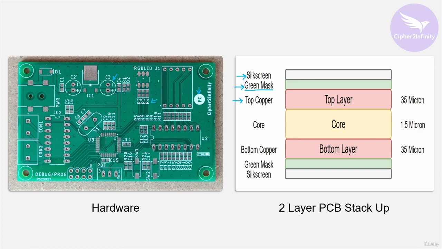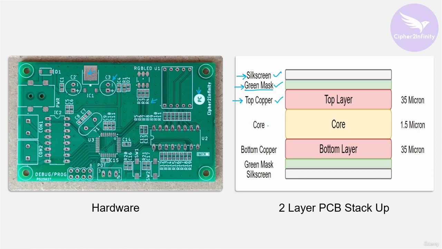Now on this PCB, wherever you see the silver color, it's basically a tin coating. So initially there was copper there, and then this particular PCB was coated with tin, and that's how we got this tin coating on this particular PCB. Okay. So we are done with the silk screen, then we are done with the green mask layer, then we are done with the top copper layer.